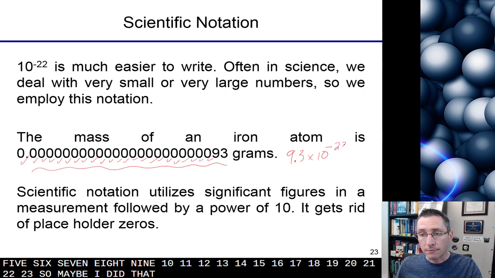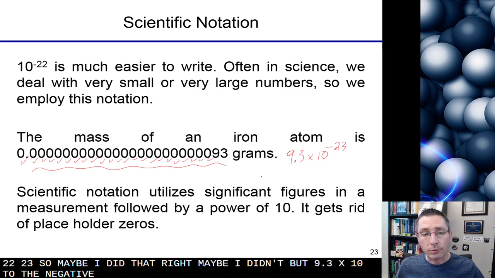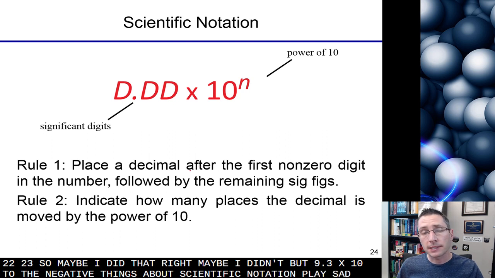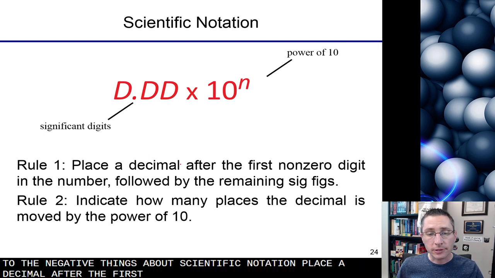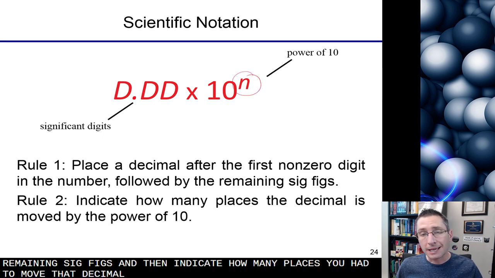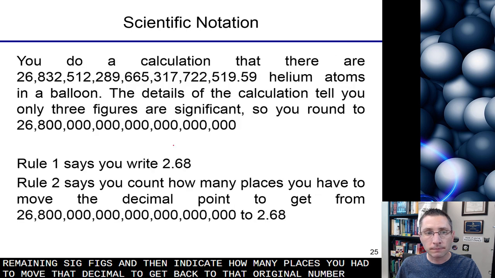So maybe I did that right, maybe I didn't, but 9.3 times 10 to the negative 23 is how I would write that number. Okay, so that's scientific notation. Place a decimal after the first non-zero digit, followed by the remaining sig figs, and then indicate how many places you had to move that decimal to get back to that original number.